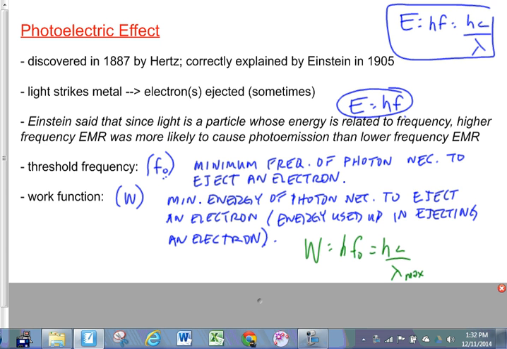So our threshold frequency is our minimum frequency, and our threshold wavelength is our maximum wavelength. There's a new equation. That is on our data sheet.